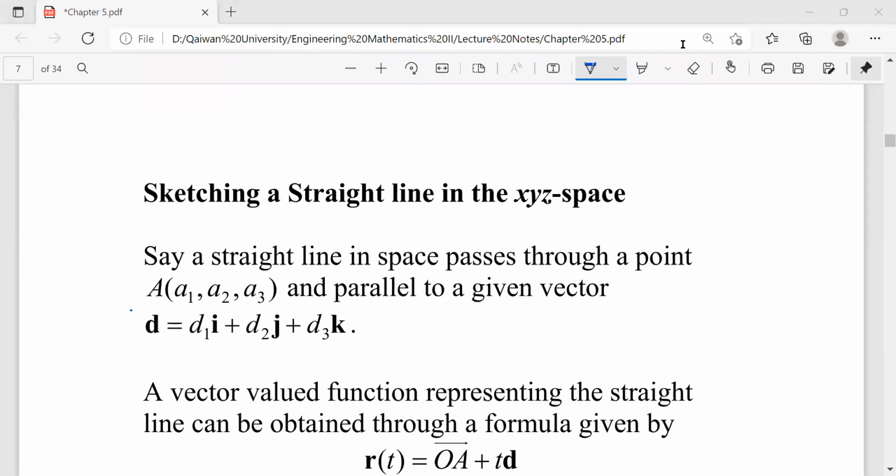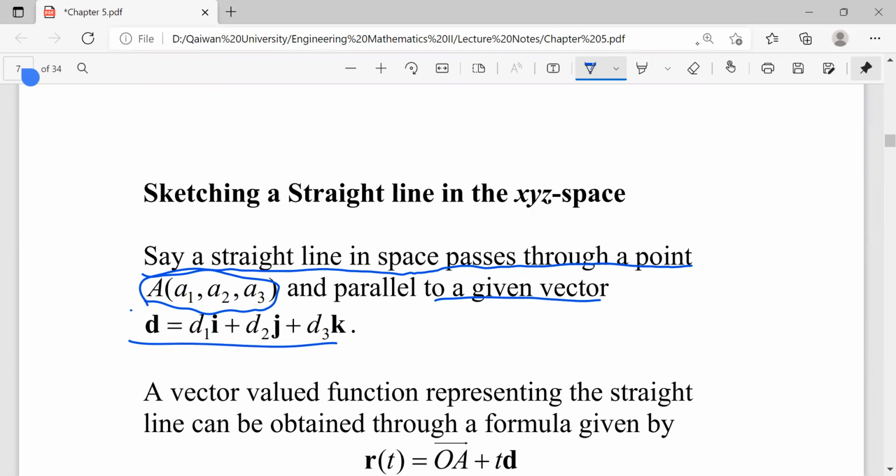Here we have sketching a straight line in XYZ space. A straight line in space passes through a point A, which is (a1, a2, a3), and is parallel to a given vector.